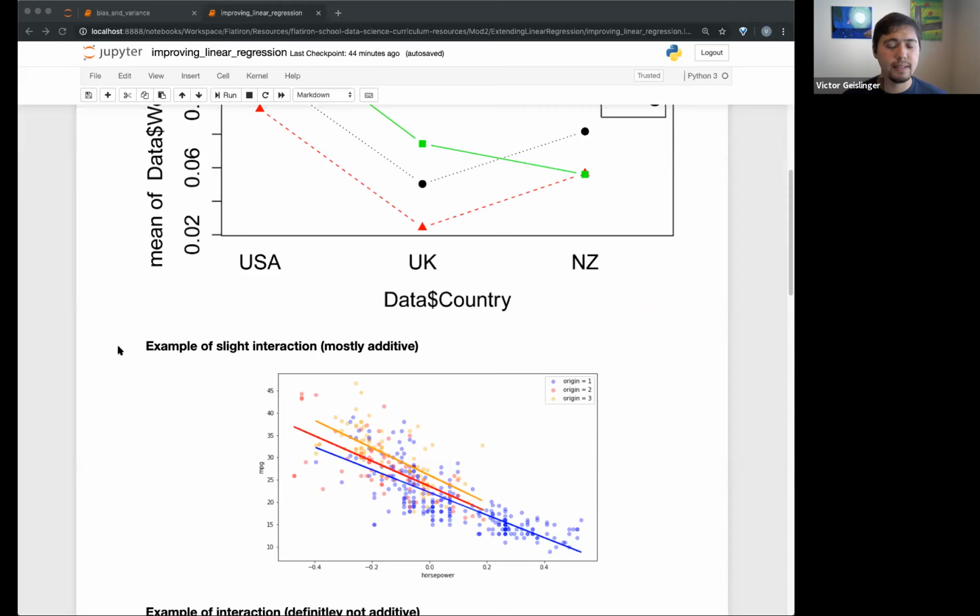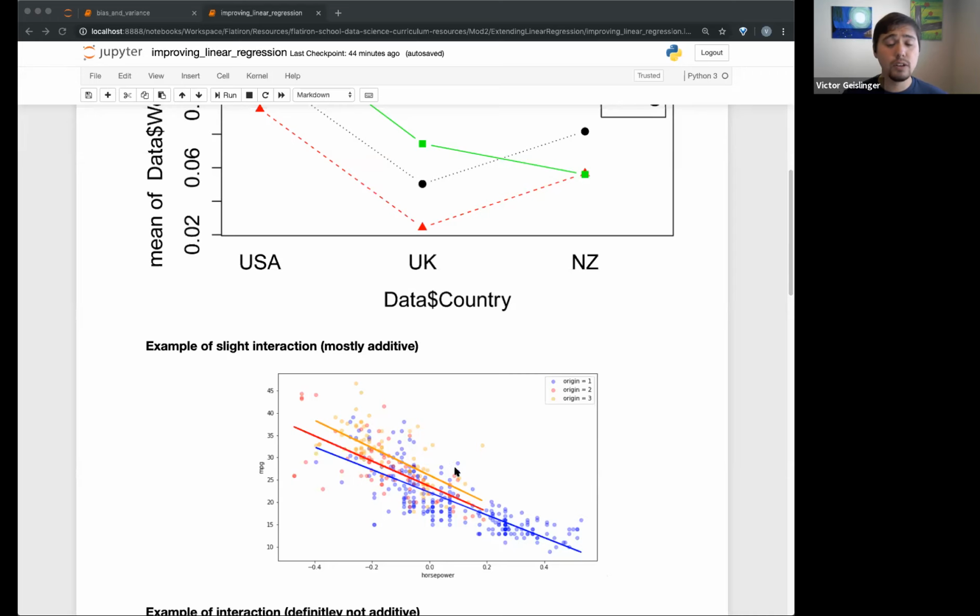And so basically they're saying, okay, let's see if there are any interactions or confounding factors. In this case, they said, let's go ahead and take the horsepower, and our target is MPG on the side here, okay?